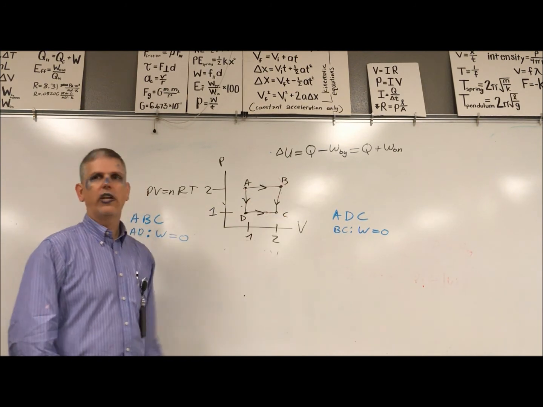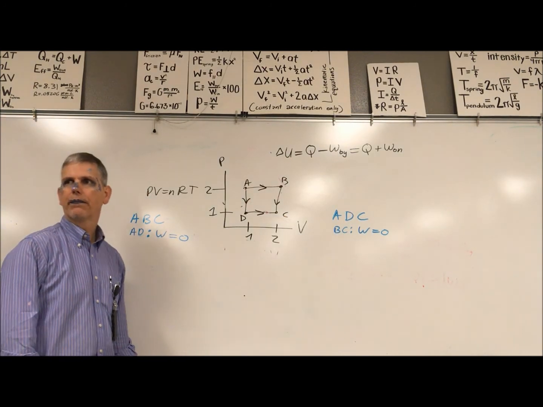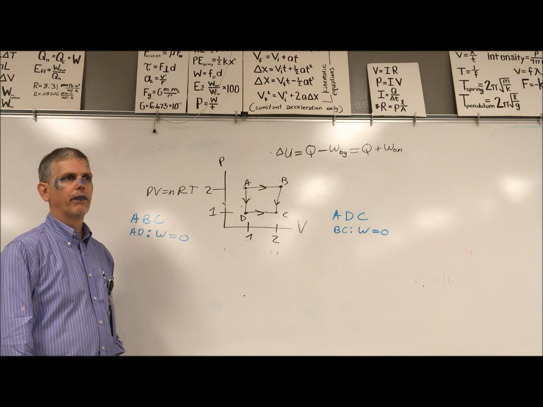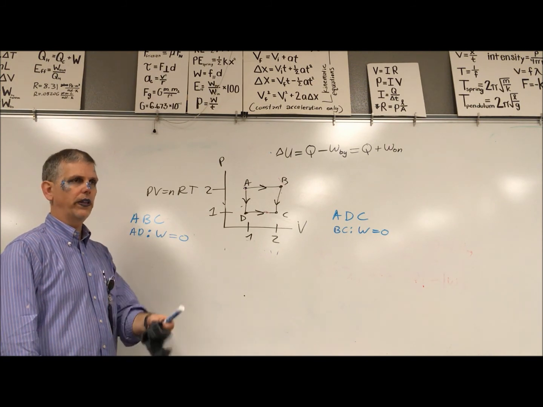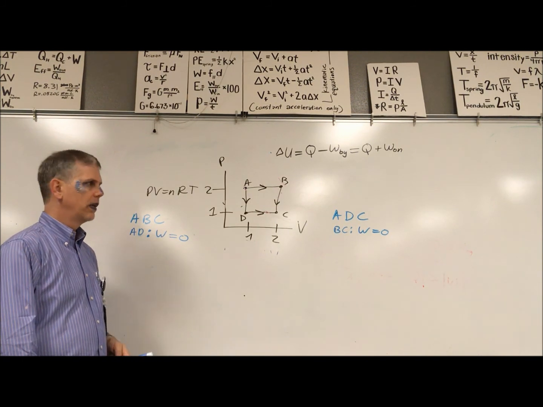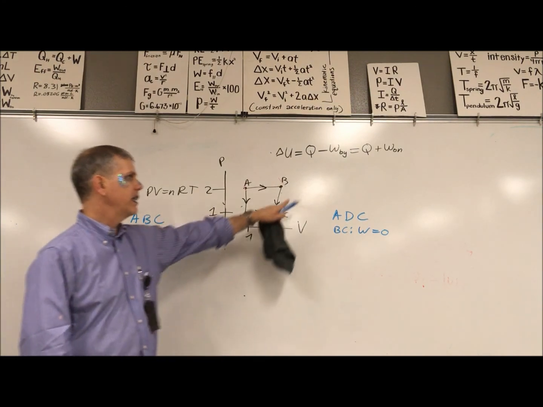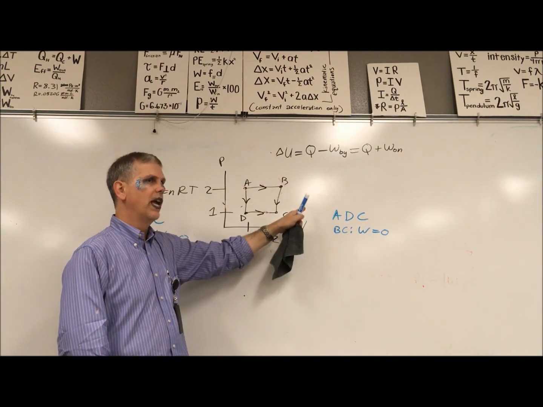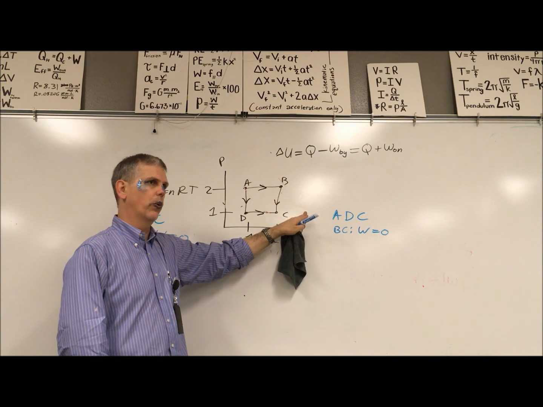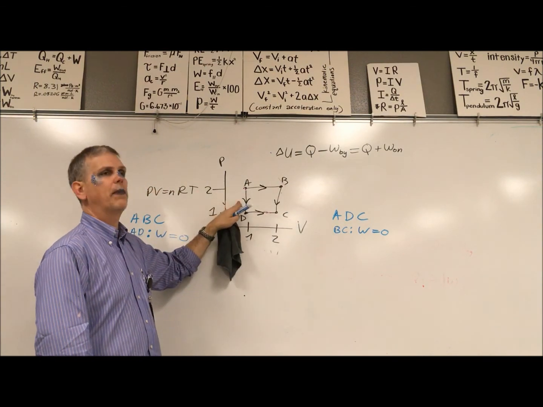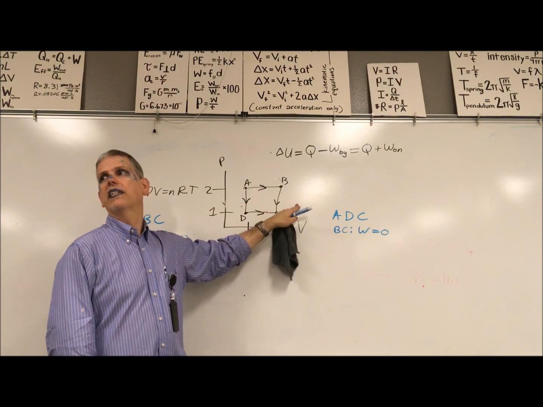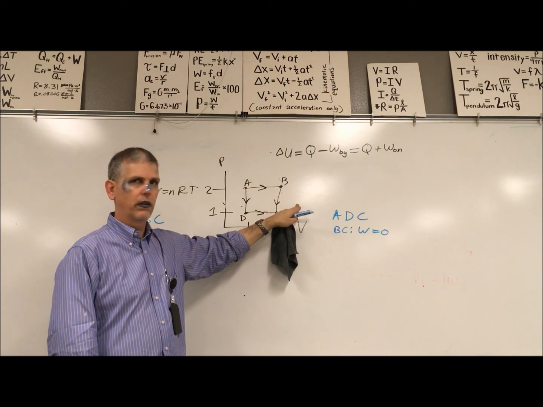B to C, no change of volume, no work is done. Are you good on that so far? In the first segment, no work is done, and in the second segment, no work is done.